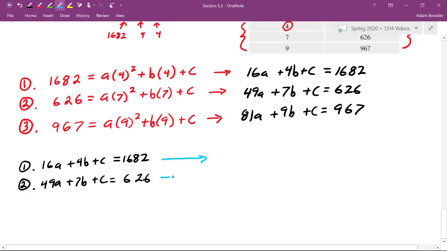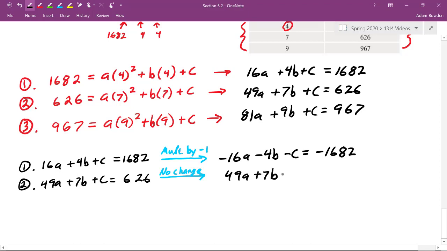I just need to change one into a negative and leave one as a positive. So what I'm going to do is take equation 1 and multiply it through by negative 1 and leave the second equation the same. So we'll get negative 16a minus 4b minus c equals negative 1682.